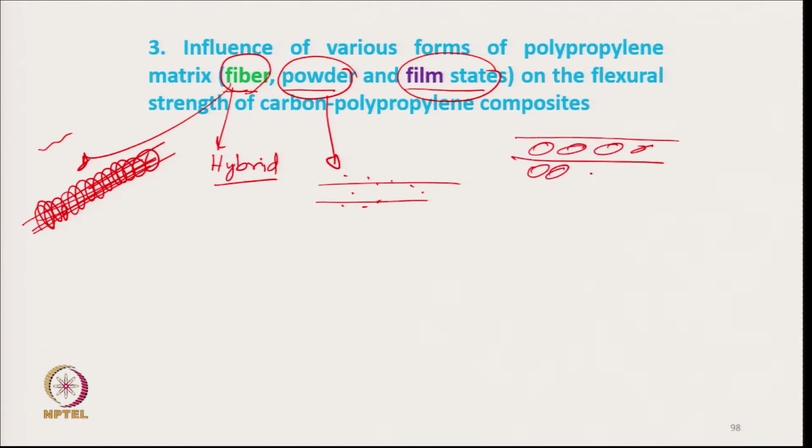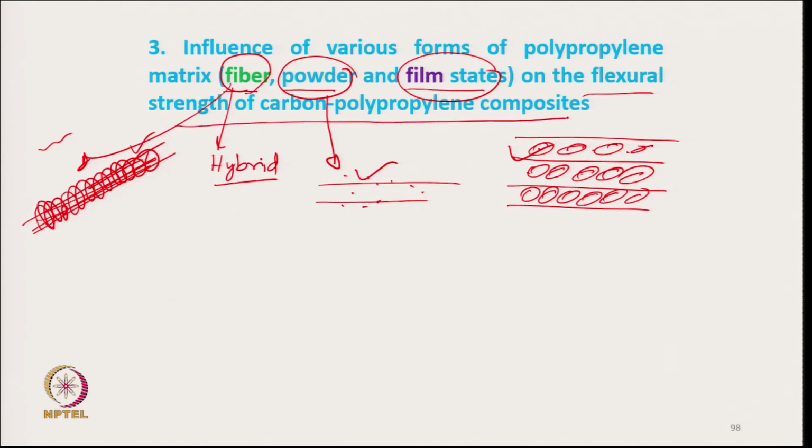So, this is the carbon filament and polypropylene will be stacked on that in this fashion. That is how we will see how these three different types of structure affect the flexural property of the composite.